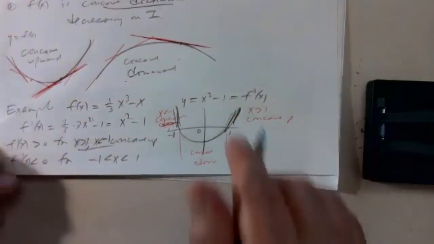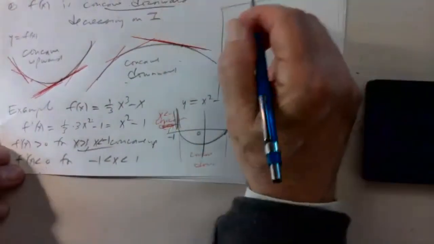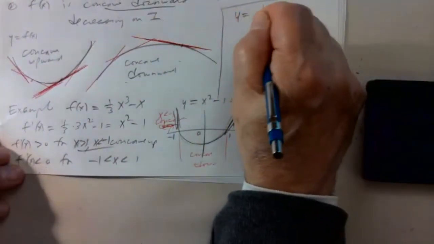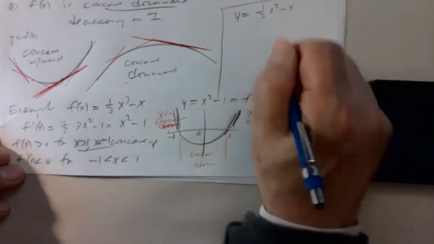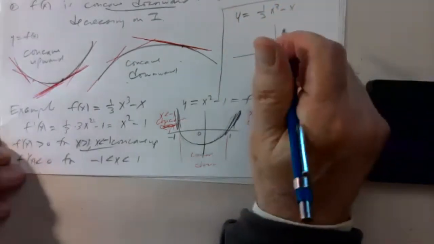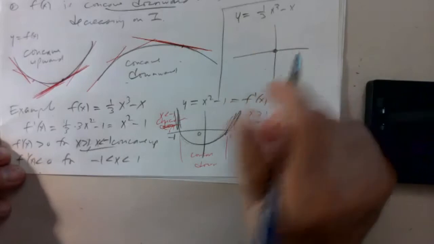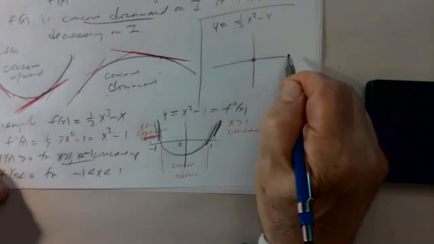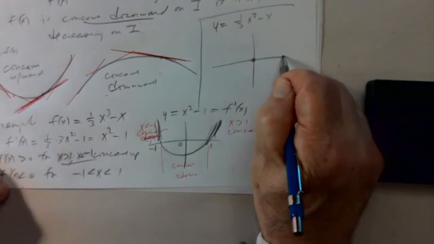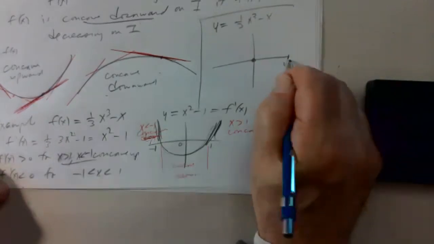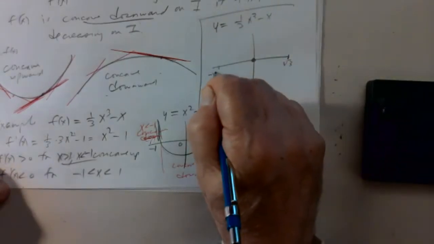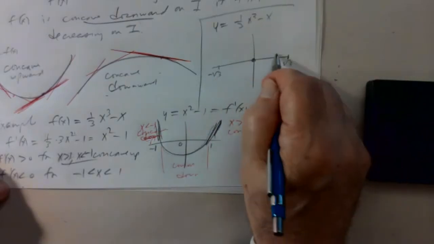And in fact, if you were to graph y equals a third x cubed minus x, what does the graph look like? It's 0 at 0. It's also 0 at cube root of 3 and minus the cube root of 3.